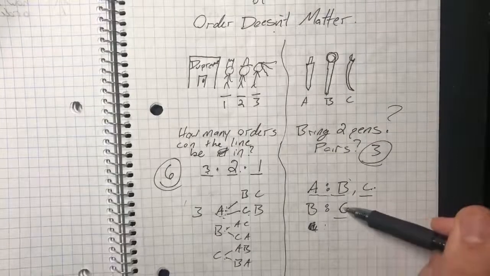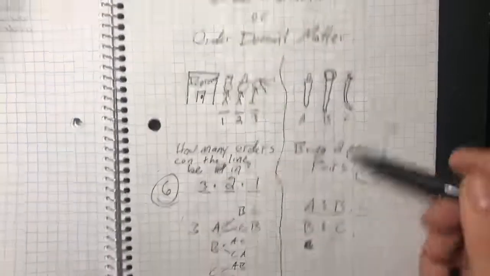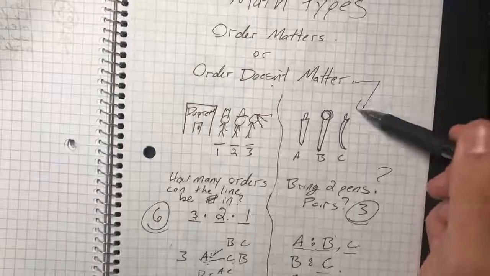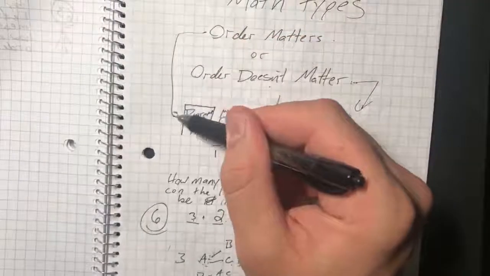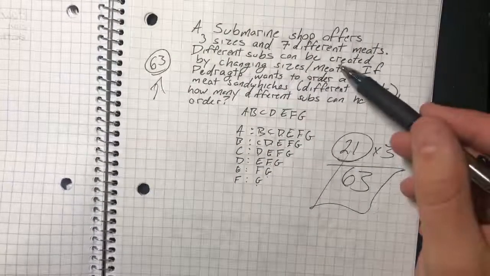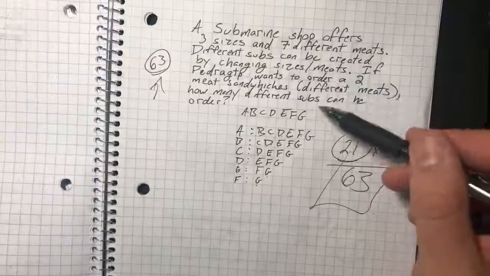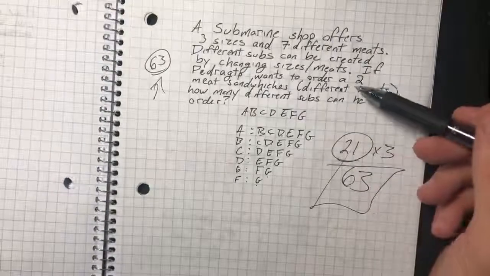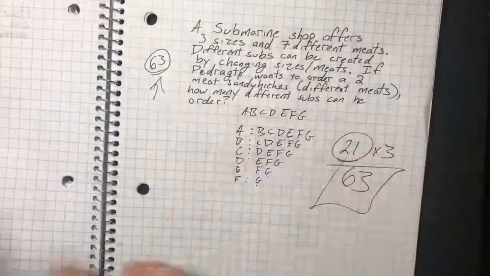We don't need to put C because we already have the pair BC, and order doesn't matter. For this one, I should draw arrows. Another thing is these types of questions are a little more complex, but since the meats don't matter, whether it's pepperoni and sausage or sausage and pepperoni, it's the same thing, so we don't need to count it twice.